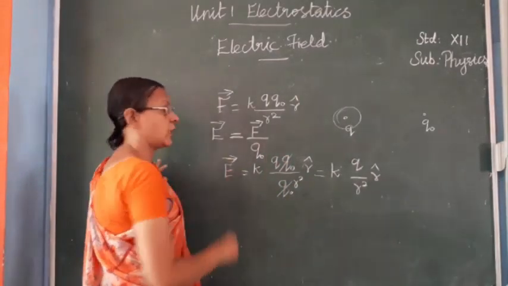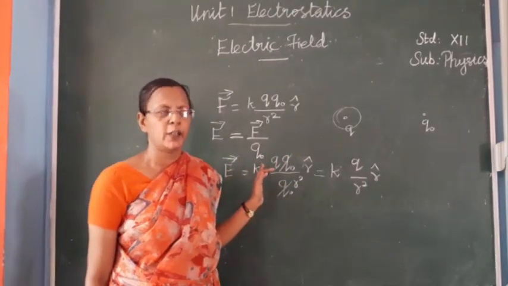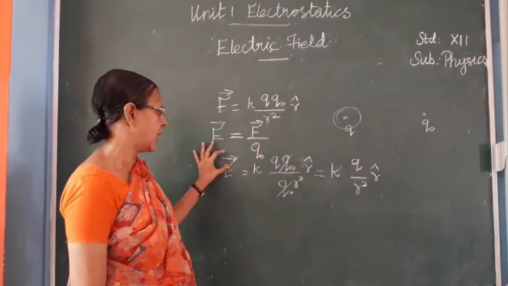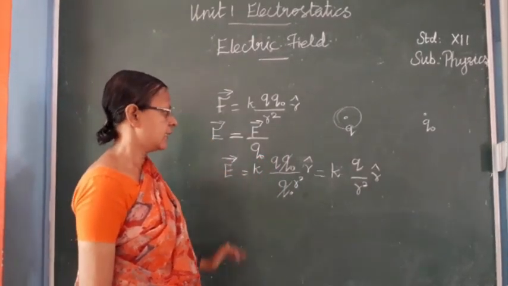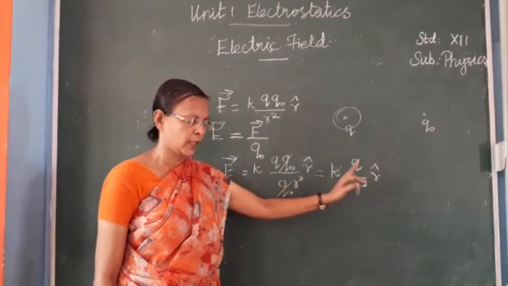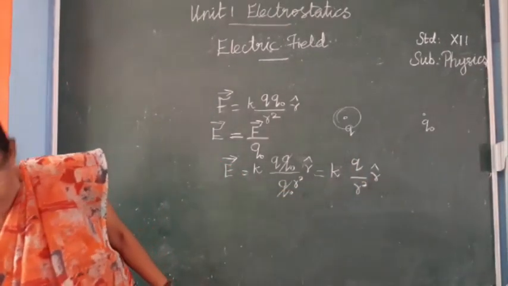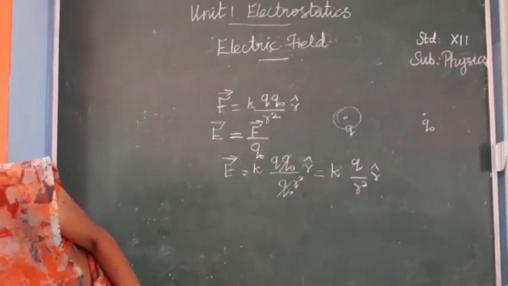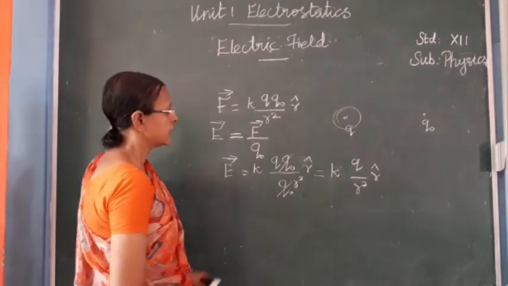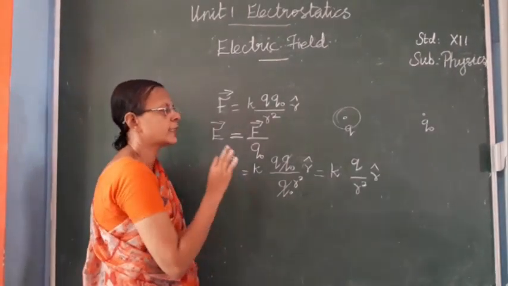This electric field is also a vector quantity. To denote the vector quantity, we write the vector symbol, and R cap is the unit vector. Now, this electric field has an SI unit.